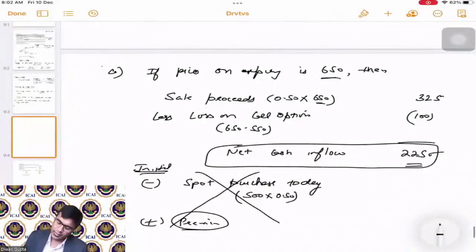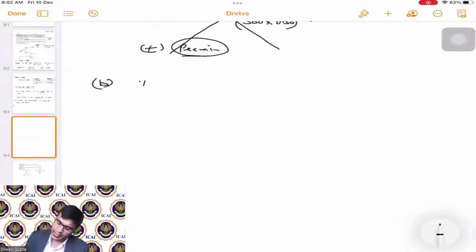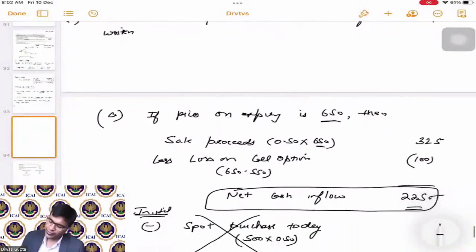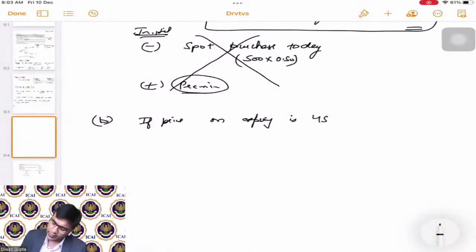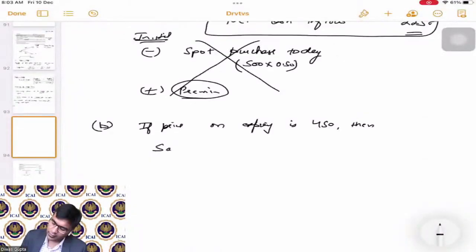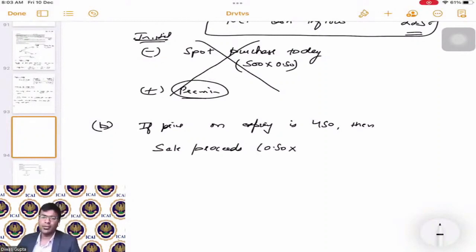Now B is, if price on expiry is 450, then proceeds from the sale of shares will be 0.50 multiplied by 450, correct?